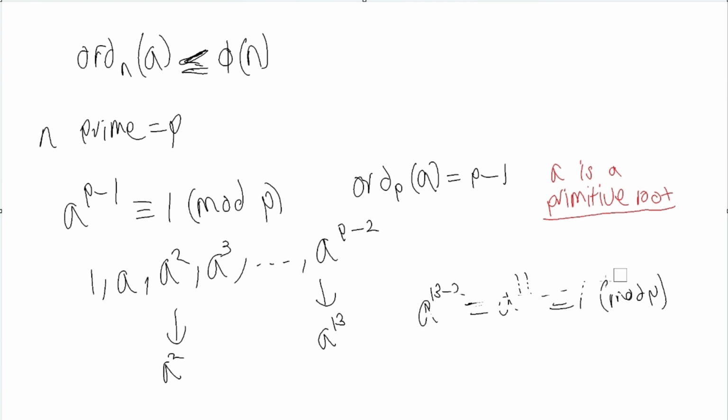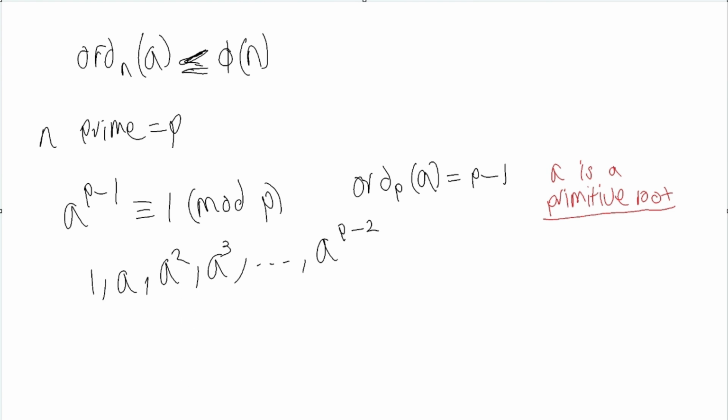And what does this mean? Well, that means that because this list has p minus 1 elements, this list contains every single number from 1 to p minus 1. Because this is 1, 2 could be somewhere here, p minus 1 is in the middle, so on and so forth. This is just 1, 2, all the way to p minus 1.